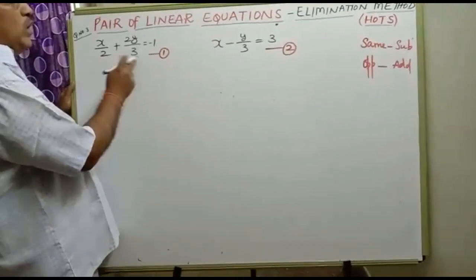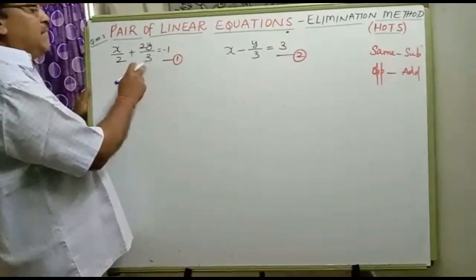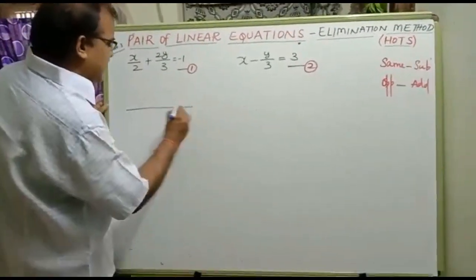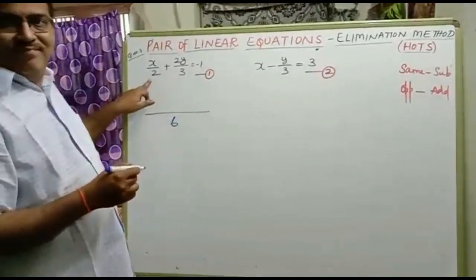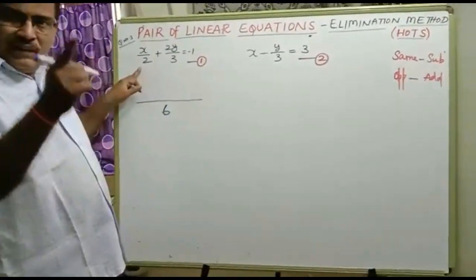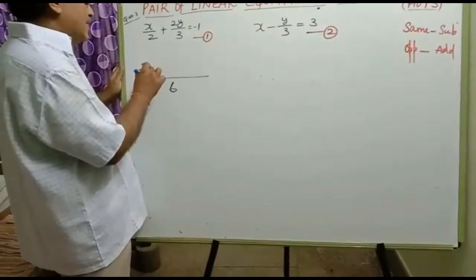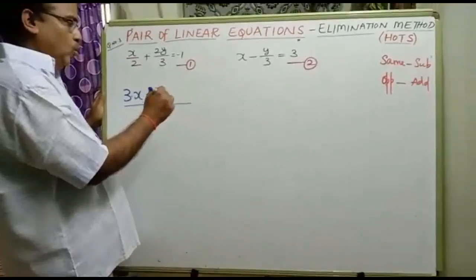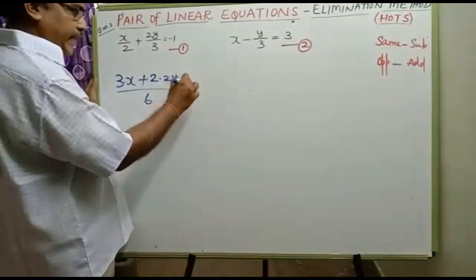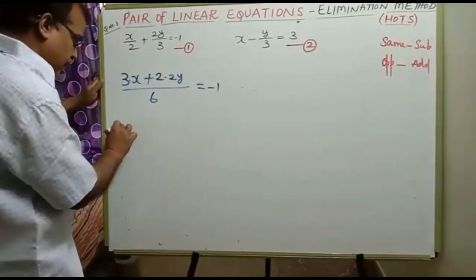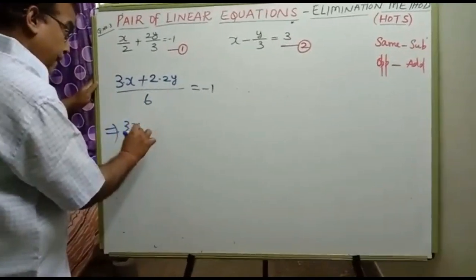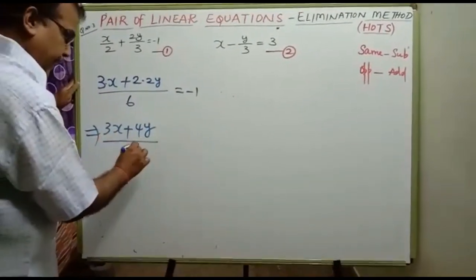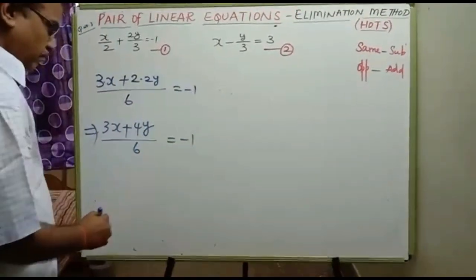What is the LCM of 2 and 3? The LCM of 2 and 3 is 6. Why? Because 2 and 3 are co-prime to each other. So, 6 divided by 2, the answer is 3, so 3 into x. 6 divided by 3, the answer is 2, so 2 into 2y is equal to minus 1. That implies 3x plus 2 into 2y, 4y, by 6 is equal to minus 1 by 6.